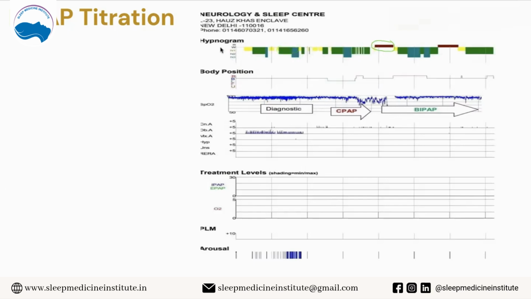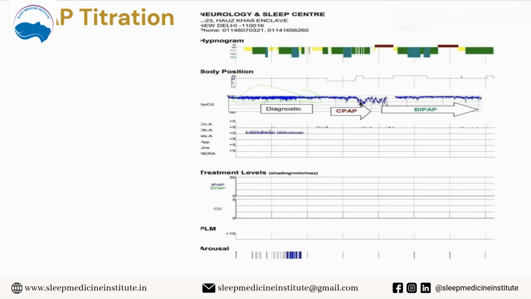So this is first of all the sleep staging. Then comes this oxygen channel, and we can see that this was showing a lot of obstructive apneas, and this was the initial diagnostic part.